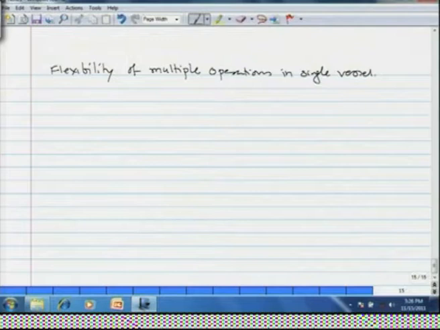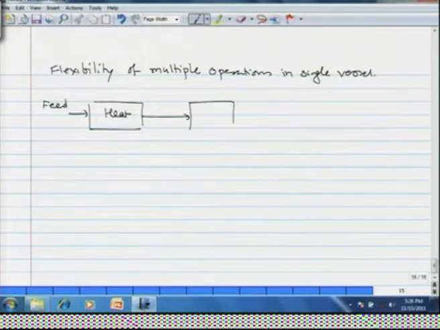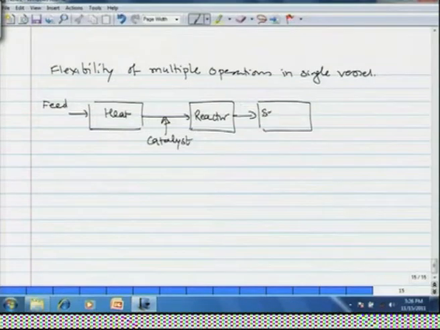Like, consider a case where the feed is heated and then admitted in the reactor after addition of catalyst, and then the product is separated with some process like distillation.